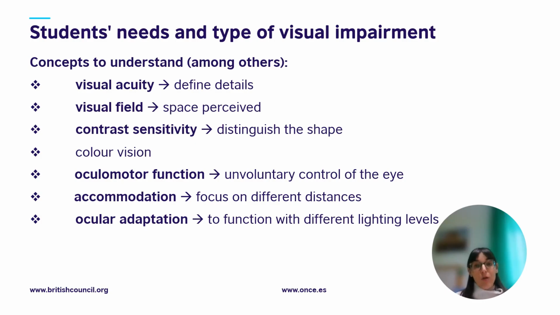But first of all, it's important to define what a visual impairment is. In this case, it is the difficulties that a person has in the process of seeing. Depending on the level of those difficulties, we can talk from totally blind to low vision.